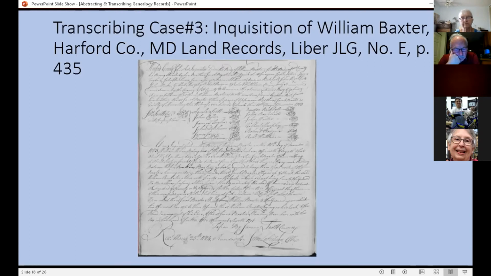We have these types of records starting in 1782. They're very sparse for a period of years. And then as we get to the Civil War, these records are then part of the chattel records, which is held by the clerk of the court in the circuit court. So these records are few and far between in some counties.